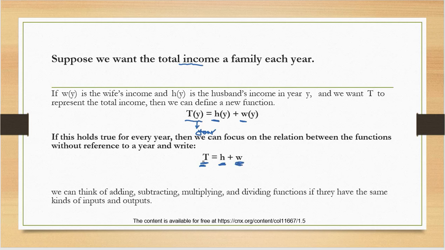We can focus only on income and we can add them. So when inputs and outputs are the same kind, we can add, multiply, divide functions, and this is combining functions.